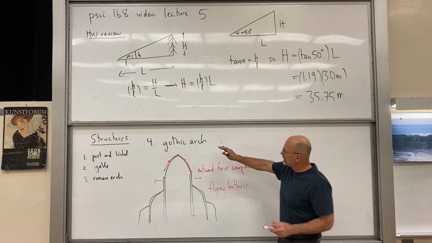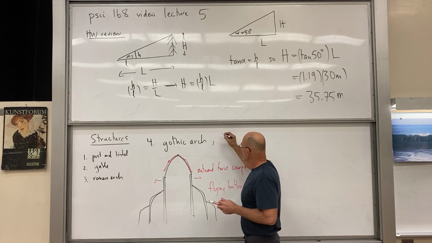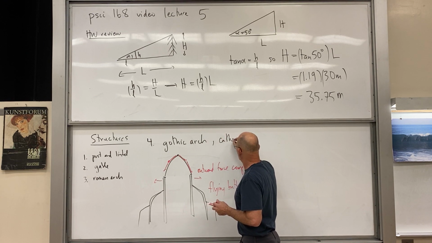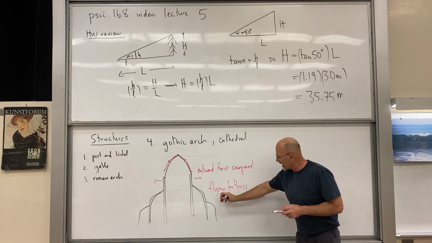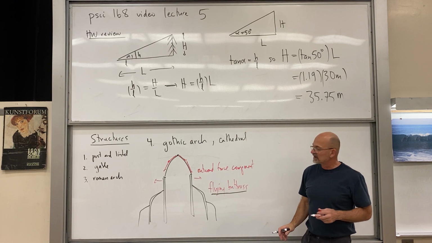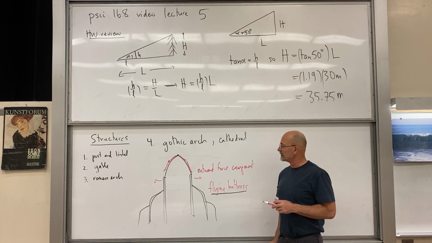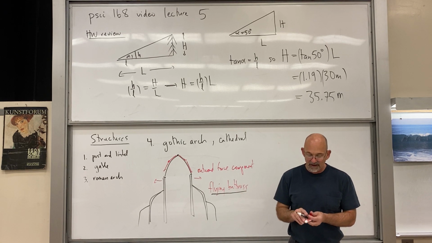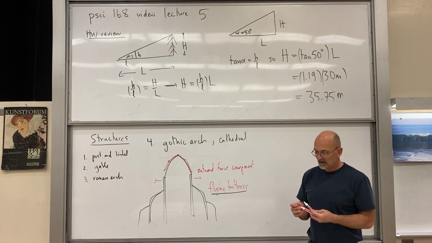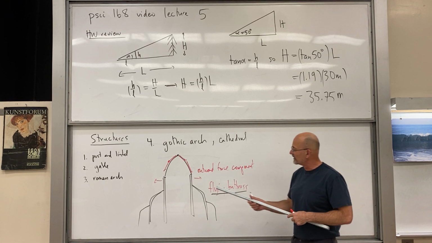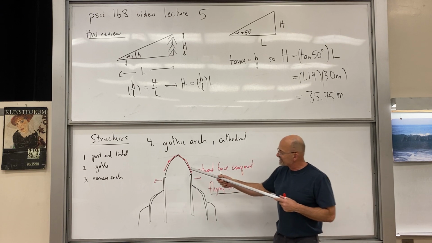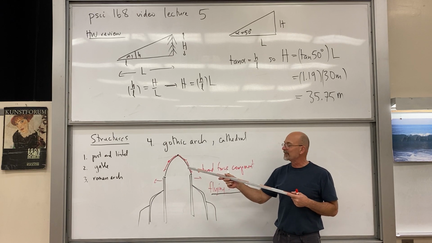So you can look up your Gothic arch, your Gothic cathedral, and the flying buttress, and you get some excellent images. You'll never look at these things the same way again, because especially with these cathedrals, the skeletal structure is often really apparent.